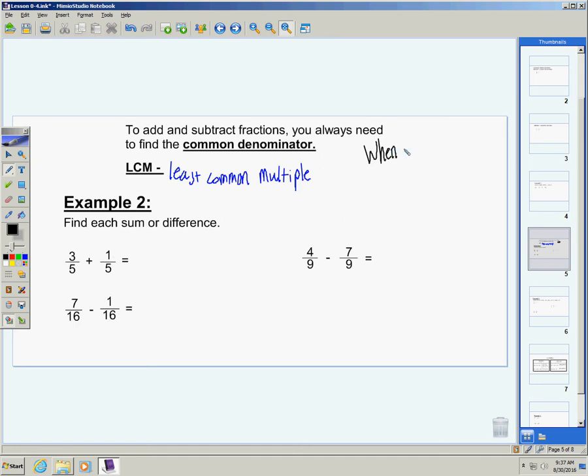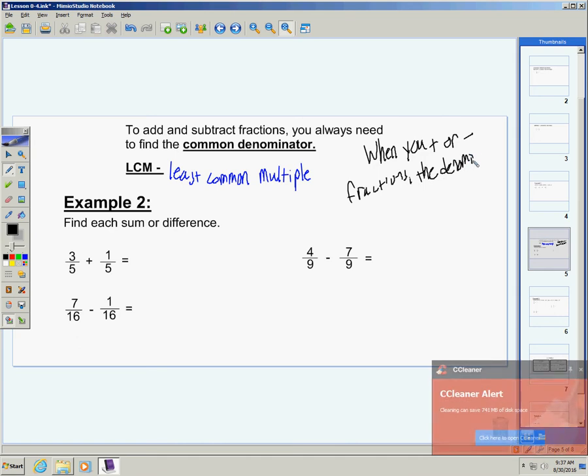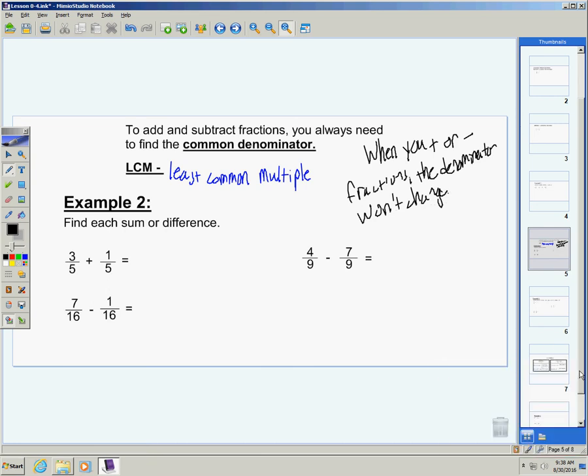When you add or subtract fractions, the denominator won't change. And when I say that, I'm not saying you might not have to change the denominator, but once you go to actually add or subtract them, the denominator won't change.